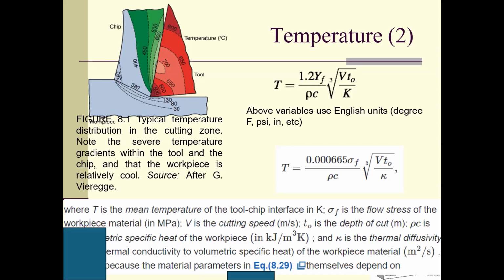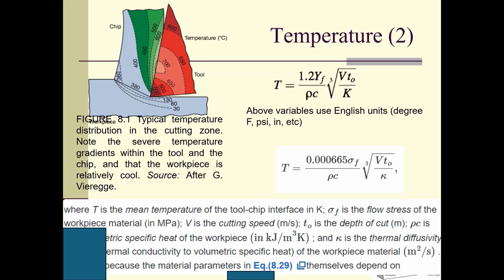This equation is from the 6th edition of our textbook. Here, this is the T0. This T0 is the depth of cut, the original depth of cut, from here to here. If I expand this line, this is T0.